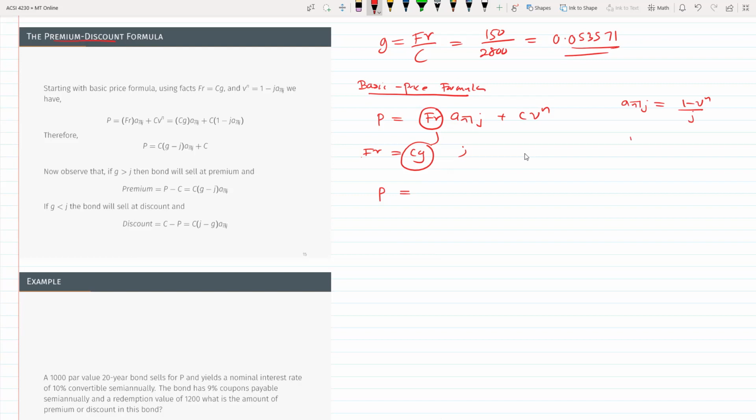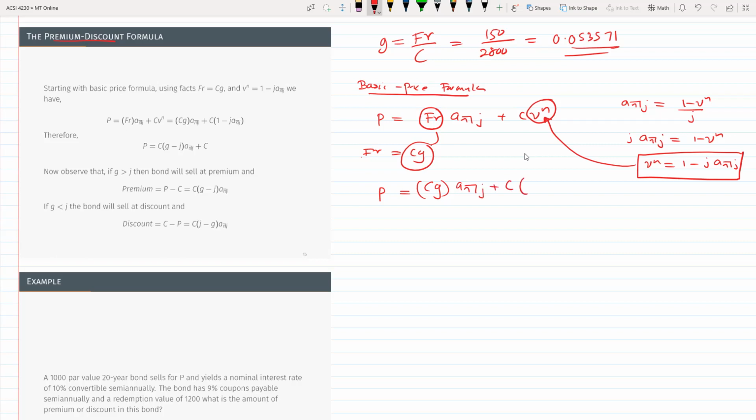So I can cross multiply. So j times a_n|j equals 1 minus v^n. And then from here you can see v^n equals 1 minus j times a_n|j. So I can substitute this in here. So let's do that and then see what we get. So I have CG a_n|j plus C times v^n, and I'm going to substitute this formula, so 1 minus j times a_n|j.